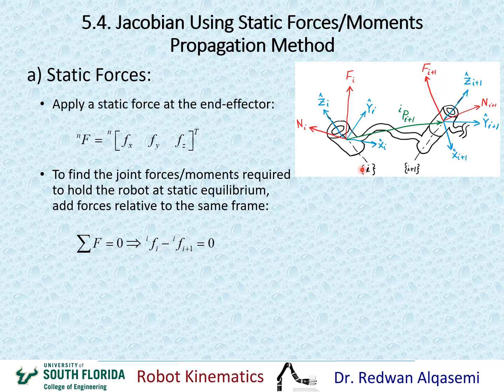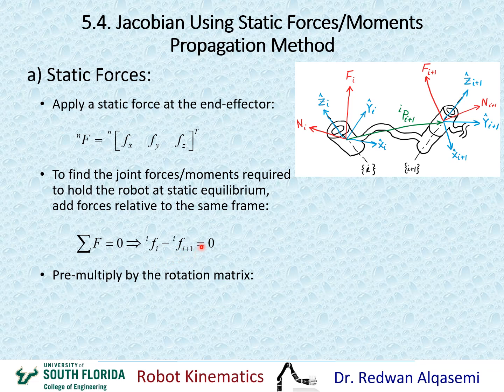And the reason for this is, remember, Fi plus 1 are the forces exerted on frame I plus 1 due to I, and what I need is the forces exerted on I due to I plus 1. So it's the negative of this. Same magnitude, opposite direction. That's why we have this in negative, and both of these two have to be equal to 0.